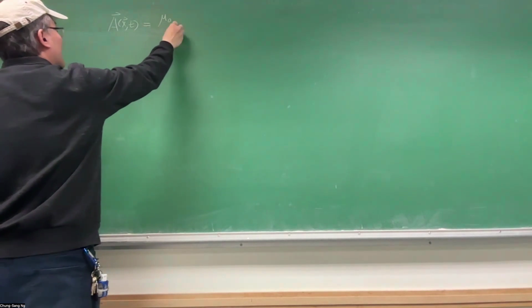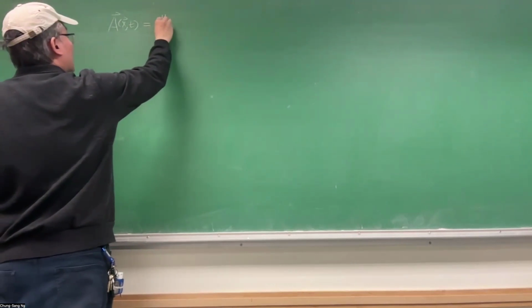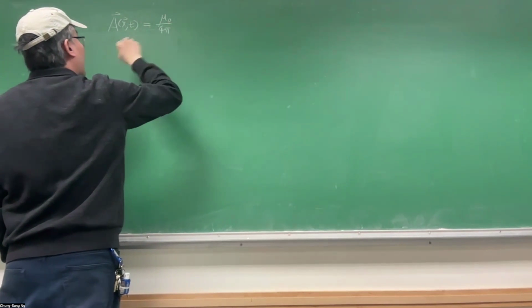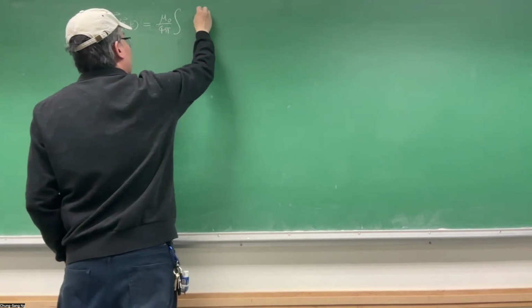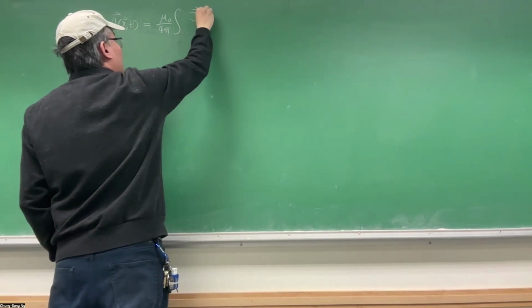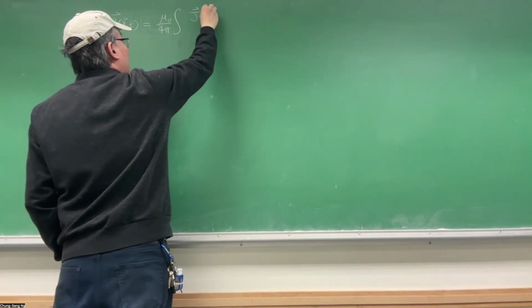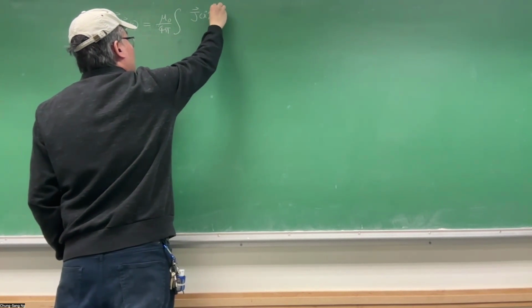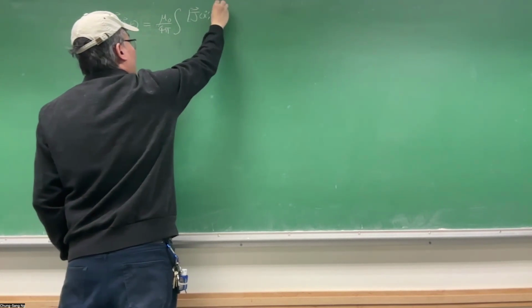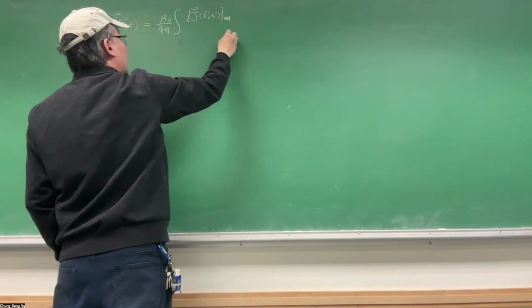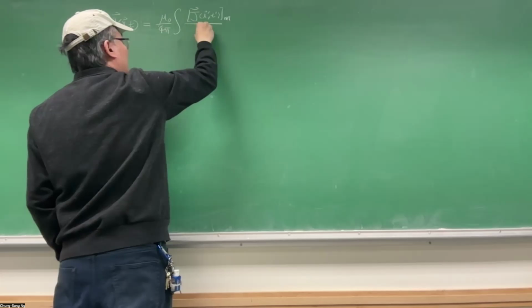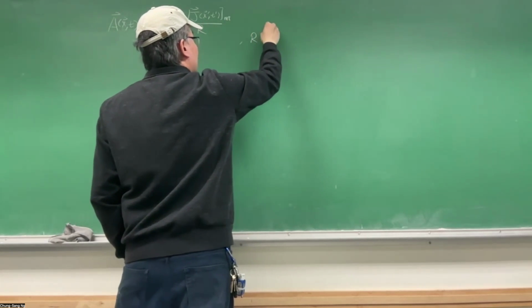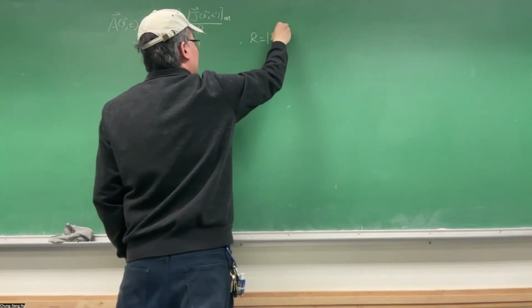We have mu zero, and then integrate the current density J(x') d³x', and then evaluate at the retarded time, divided by R. And R is defined as the magnitude of x minus x'.